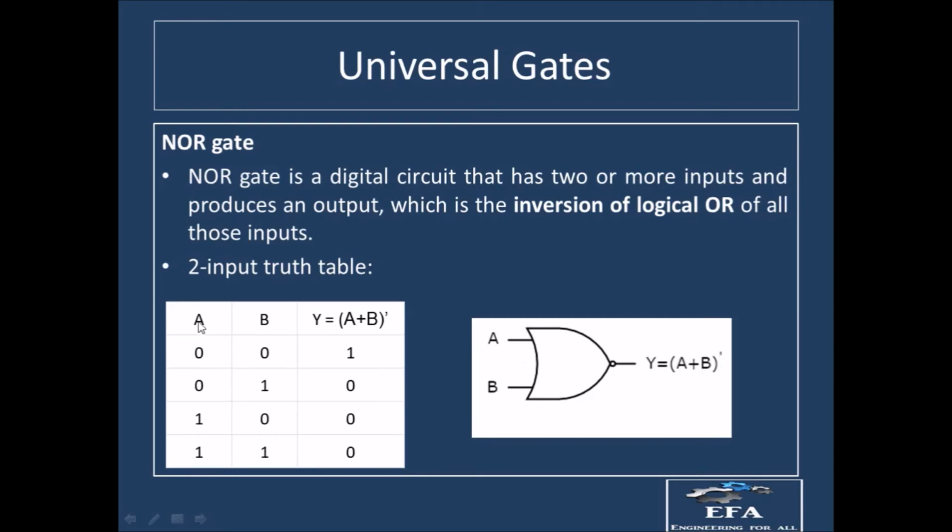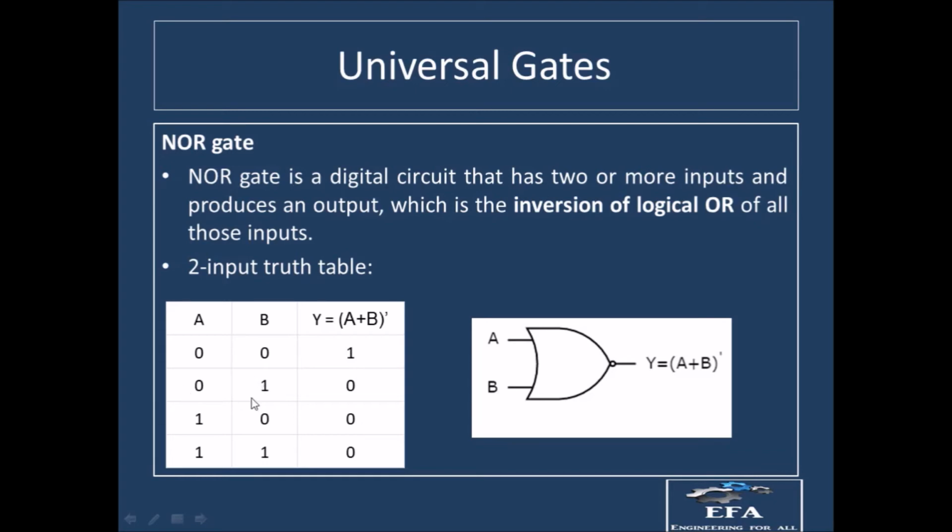So again we are having two inputs A and B. So these will be equal to 0 0, 0 1, 1 0 and 1 1. The output over here, you can see, is exactly the opposite of what we were having in the case of the OR gate. So in the OR gate, wherever there were both zeros at the inputs, we were having 0 at that place, and the rest all were having 1.